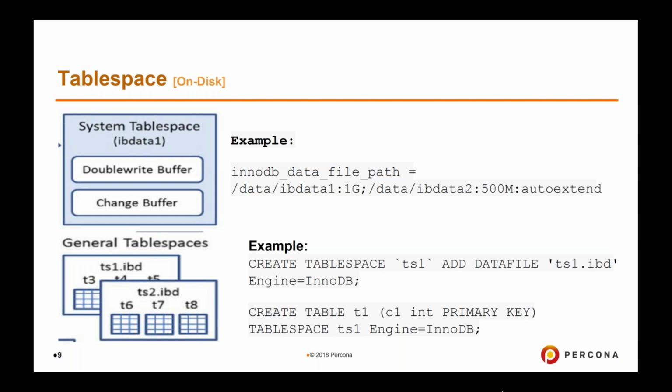Moving to the general table space, which is used for storing user data. Let me give you the scenario for why we have it. By default in MySQL, we have innodb_file_per_table equal to 1, which creates an individual table space for each table. For example, if you have 70,000 tables, in the directory it will create 70,000 table spaces.